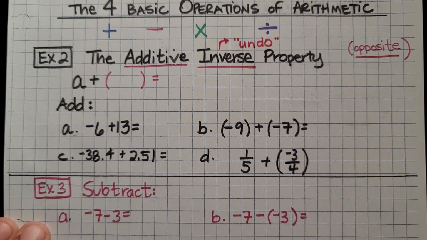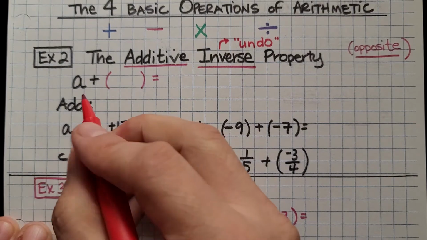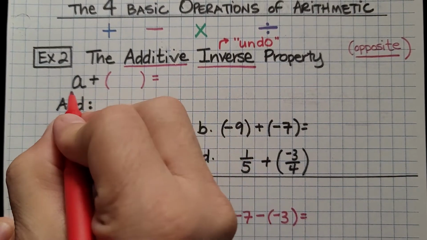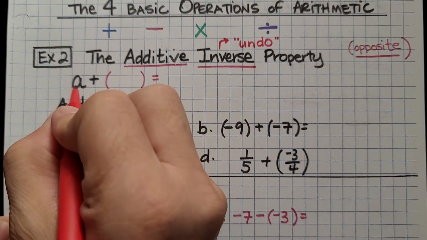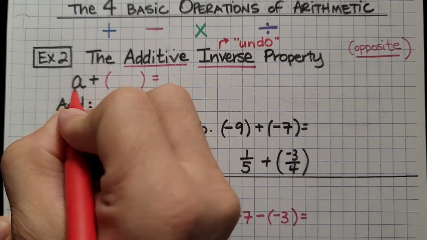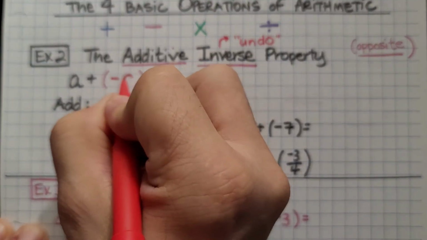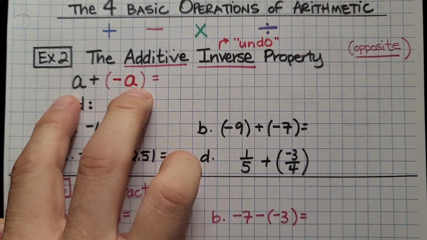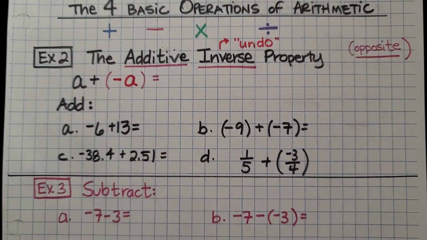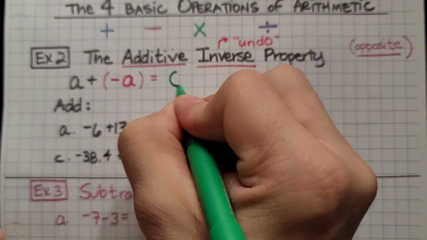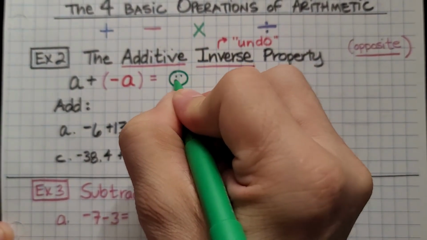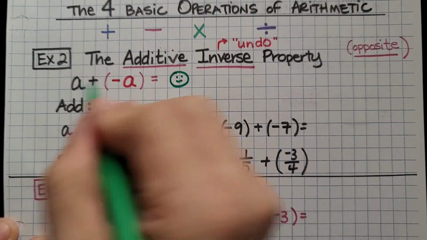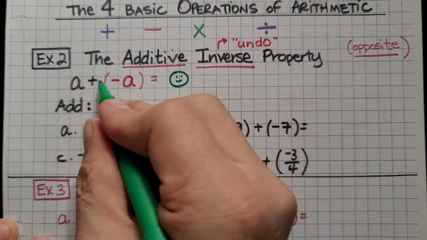All right. I am going to actually need you to tell me what the opposite of A is. The opposite of A is negative A. These two numbers are going to cancel each other out. But you need to make sure you understand what it cancels out to, because sometimes when you operate with these numbers, they cancel out to 0.